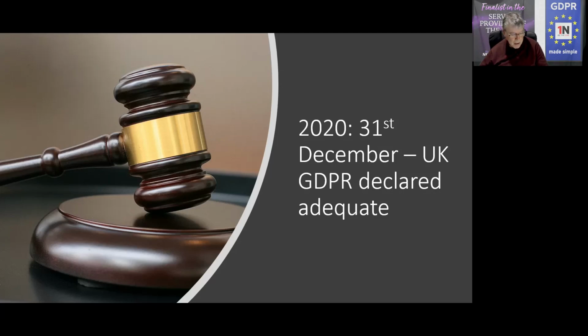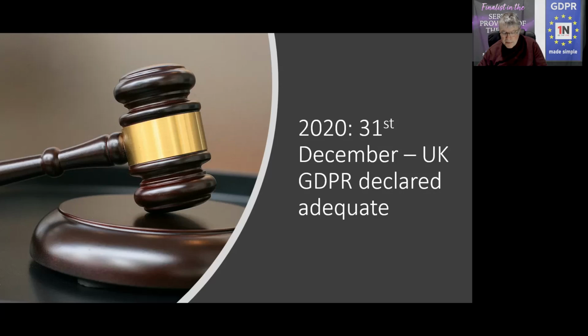Now, the previous government, the Conservative government, prior to the general election in July, were passing a data bill which would have made some changes to things. They wanted to make the whole thing with GDPR a bit lighter touch in the UK, I think it's fair to say.